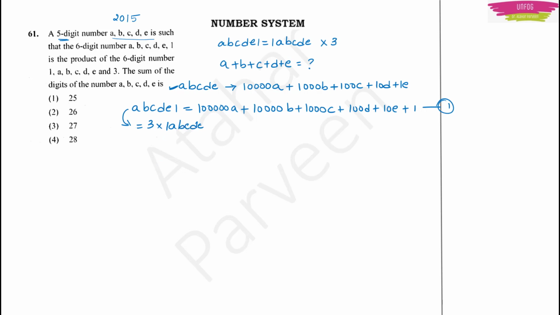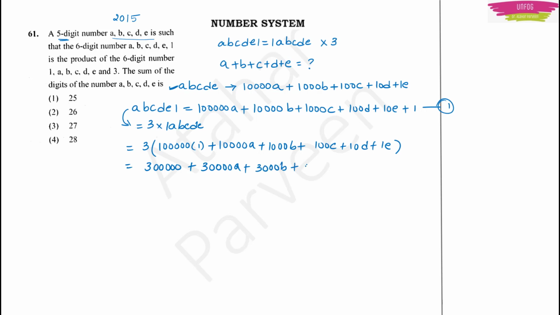This is a 6-digit number; expand it and multiply by 3. For 6 digits you take 5 zeros first: 1 followed by 5 zeros into 1, plus 1 followed by 4 zeros into A, plus 1000 into B, plus 100 into C, plus 10 into D, plus E. Or you can also expand it as 3 times 1 followed by 5 zeros, plus 3 times 1 followed by 4 zeros into A, plus 3000 into B, plus 300 into C, plus 30 into D, plus 3E. Let this be equation 2.